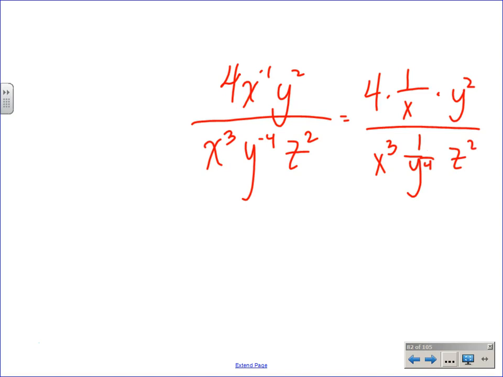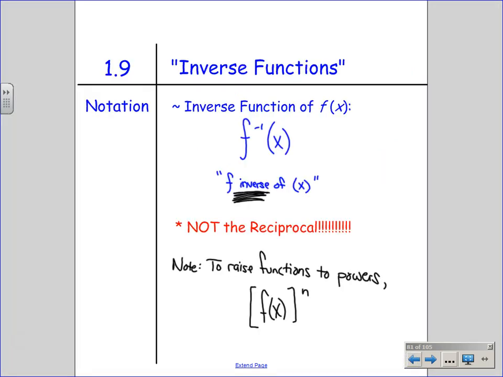Wherever there was a reciprocal, it switched places. So the x to the negative 1 actually ends up coming down. The y to the negative 4 actually ends up going up. Whenever you saw negative exponents of variables or even numbers, it meant take the reciprocal. But is that true here? No. Because it's not f to the negative 1, it's f inverse.